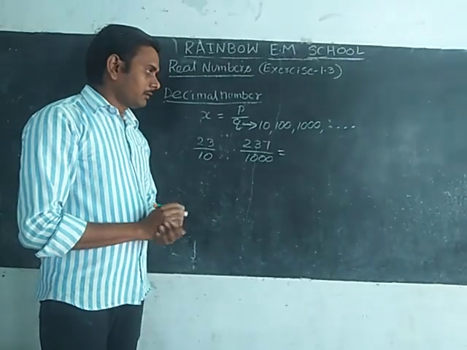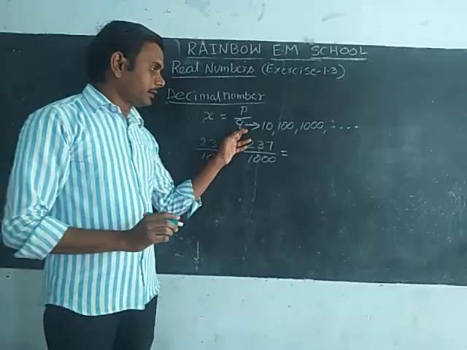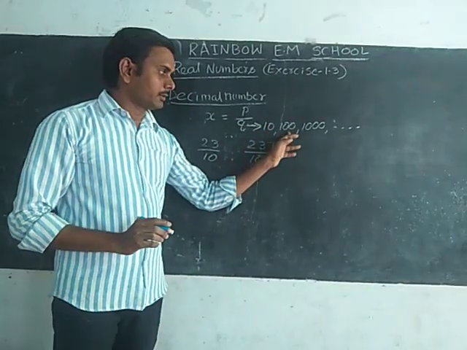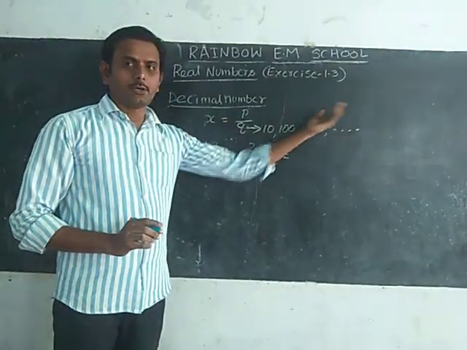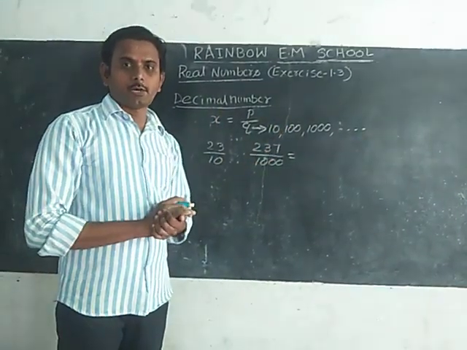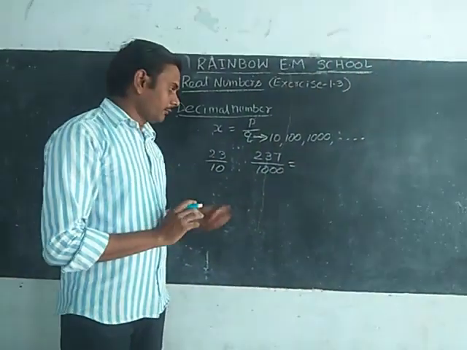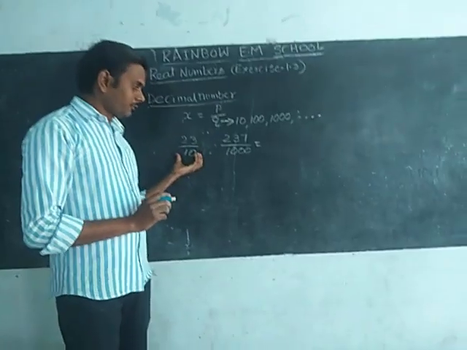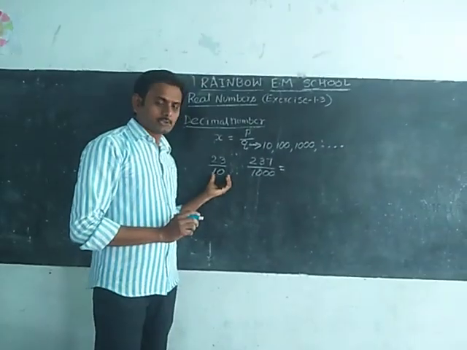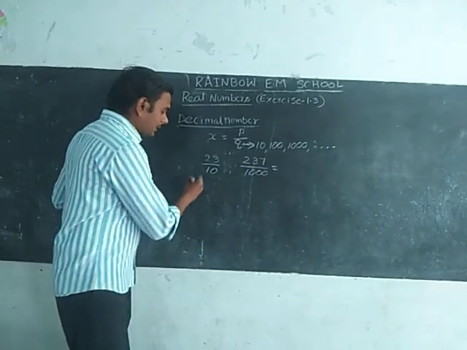A number which can be written as p by q, where the denominator should be in the form of 10, 100, 1000, 10,000 and so on. That means a one followed by zeros appears at the denominator place. Then that is called the decimal number. The fraction form of a decimal number is like these fractions. Now we will write the decimal form.